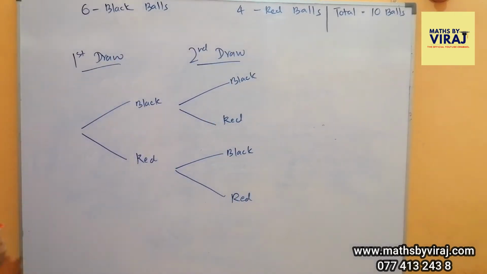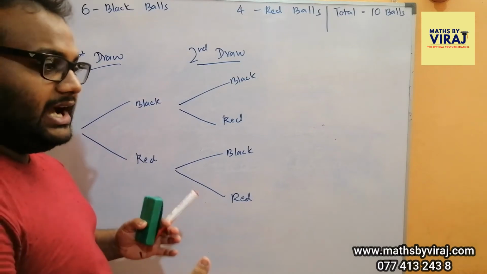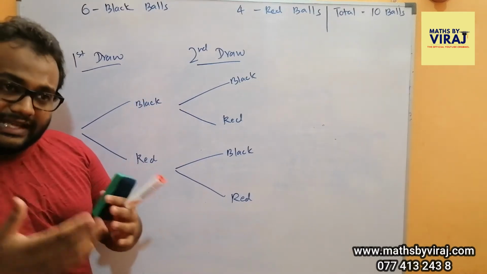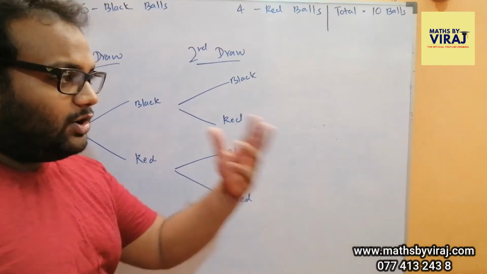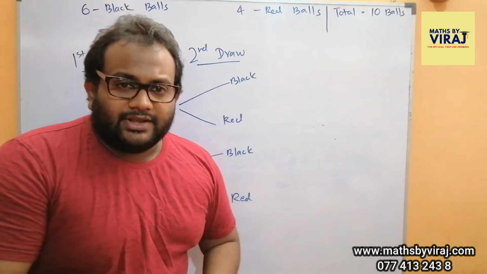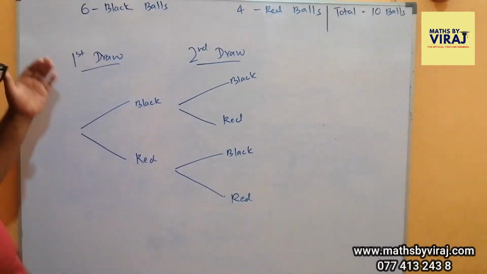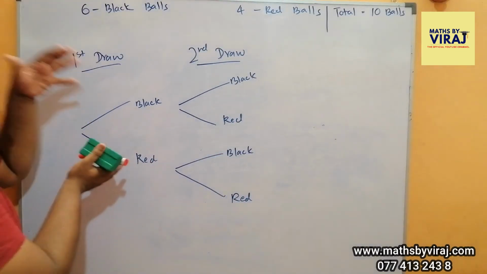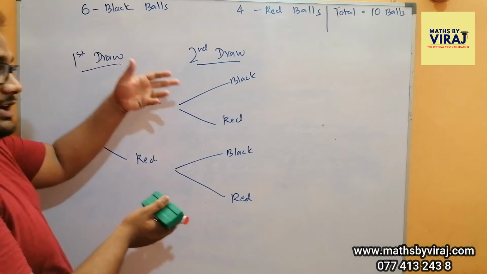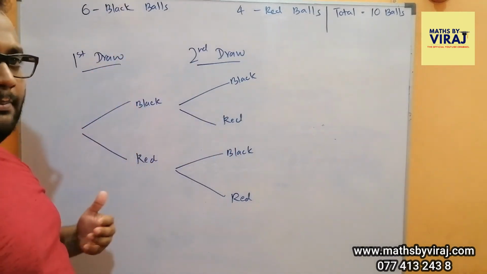Let's look at it. Very easy. These tree diagrams of probability are assumptions. That is, we consider all the possibilities of events that can happen. That is, in the first row, I can take a black ball. Then in the second row, I can pick another black ball, or I can pick a red ball.